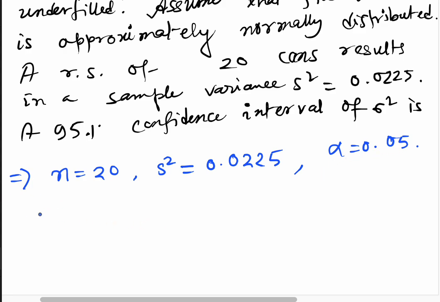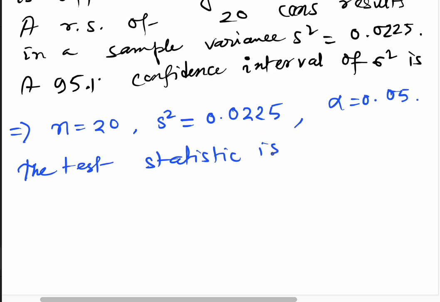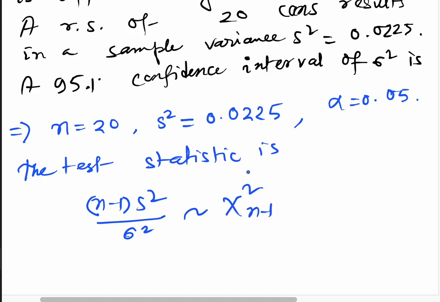The statistic is n minus 1 s square by sigma square, which is a chi square random variable with n minus 1 degrees of freedom.